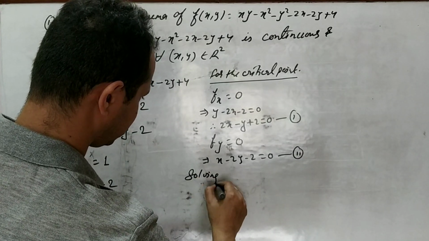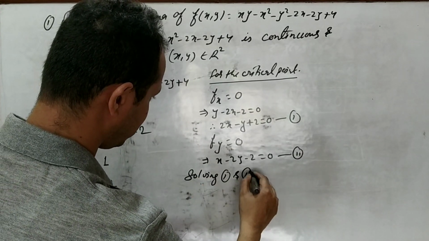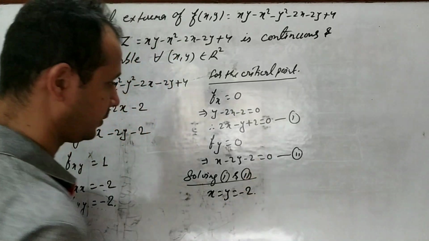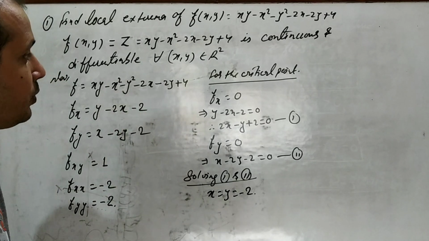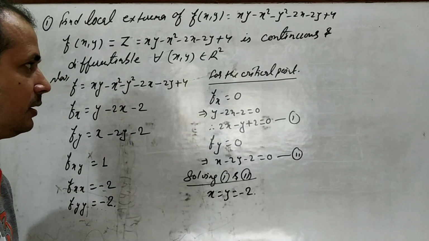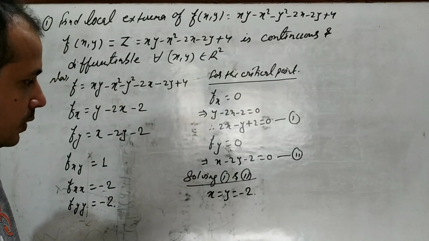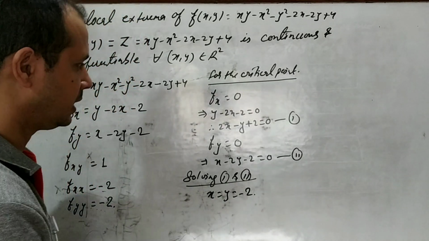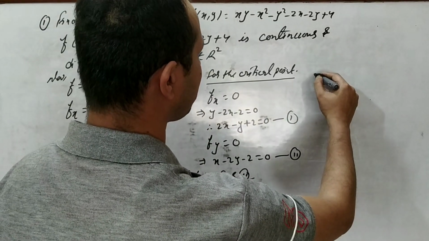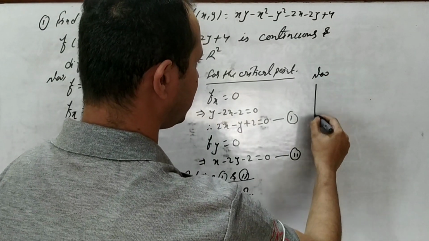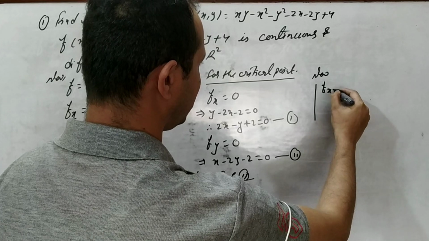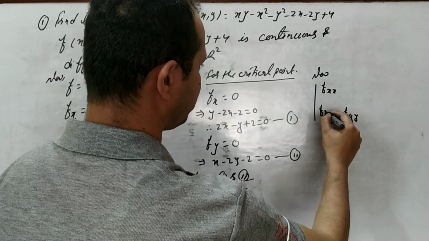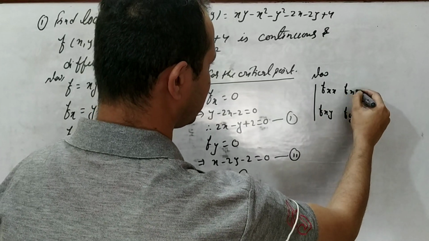Solving 1 and 2, we get x and y both are equal to minus 2. Clear? This way, first of all, we need to determine the critical point, and now we have to check the discriminant, and the discriminant can easily be remembered by taking the help of the determinant here: fxx, fyy, here fxy, fxy.